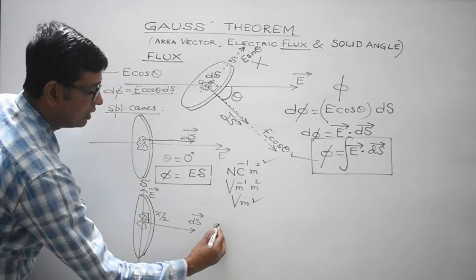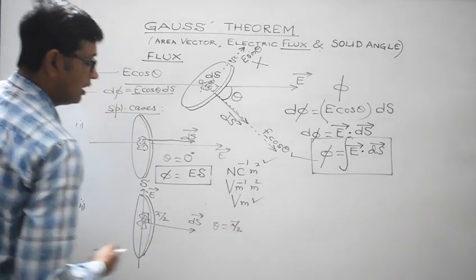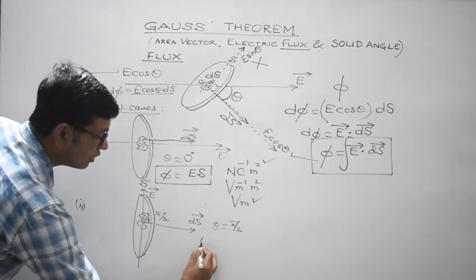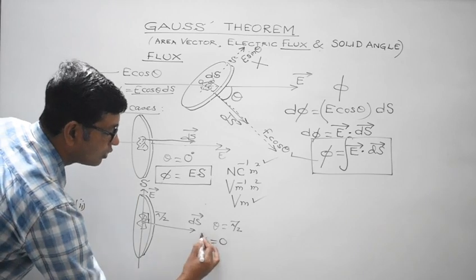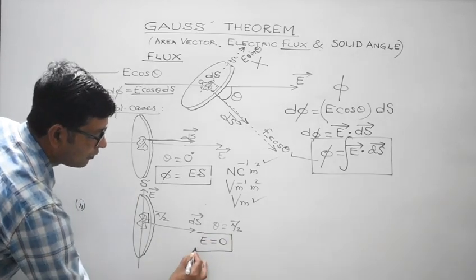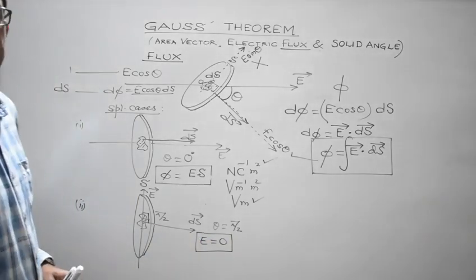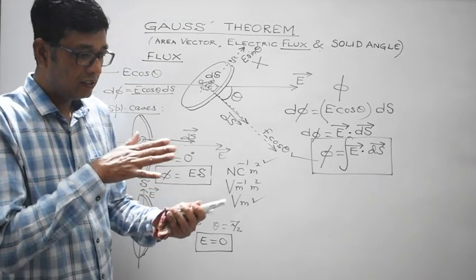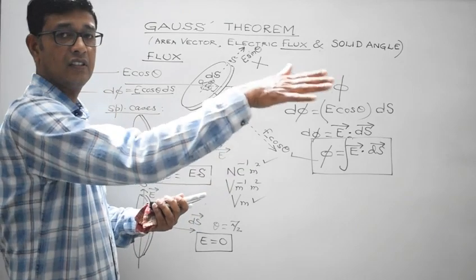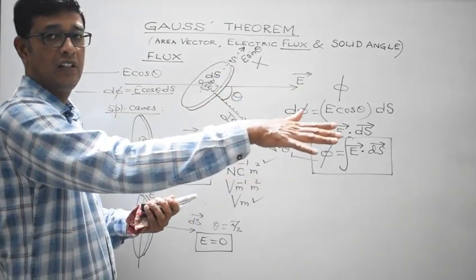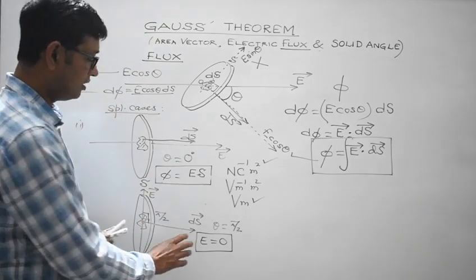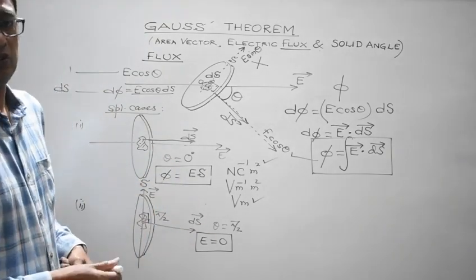So here theta is 90 degree, and accordingly cos 90 is 0. So the flux would be equal to 0. A very important point to be noted is that in case the field lines are along the surface, then they won't contribute anything towards the flux. In such a case, the flux would be equal to 0.